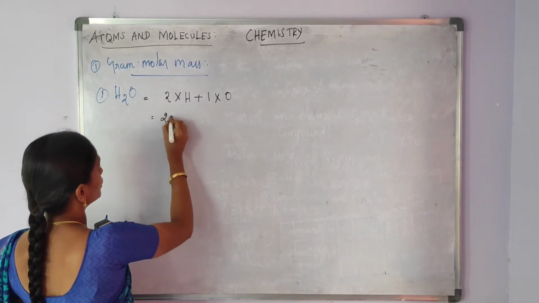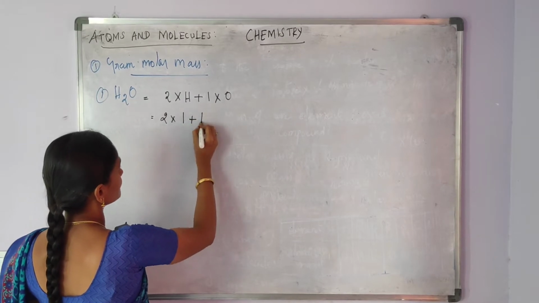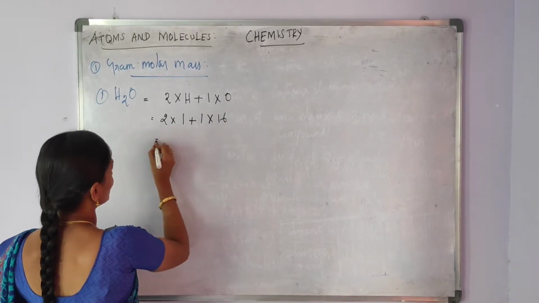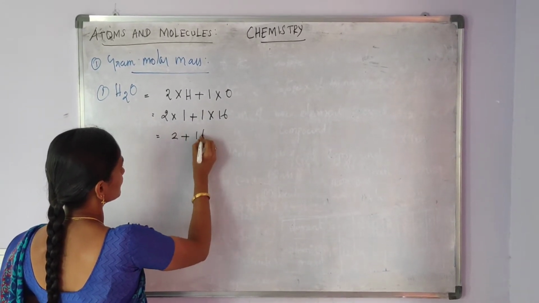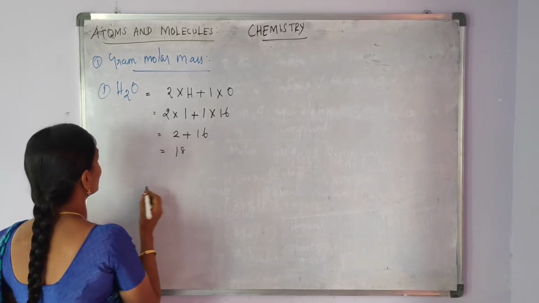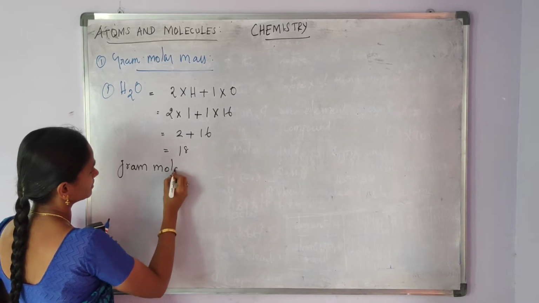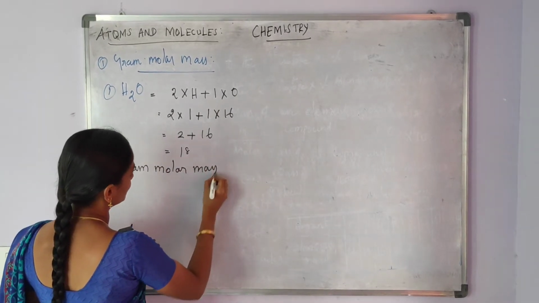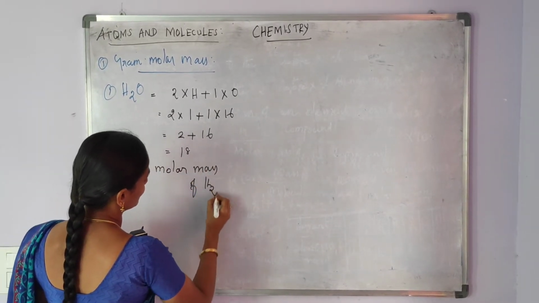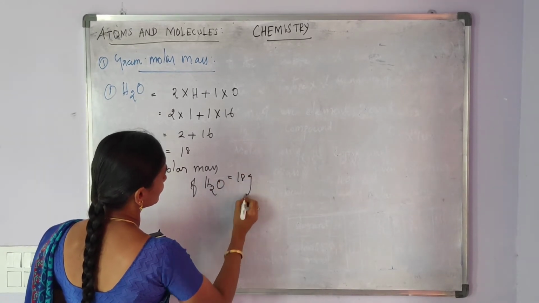Now 2 into 1 plus 1 into 16 is equal to 2 plus 16 is equal to 18. So the gram molar mass of the water is equal to 18 gram.